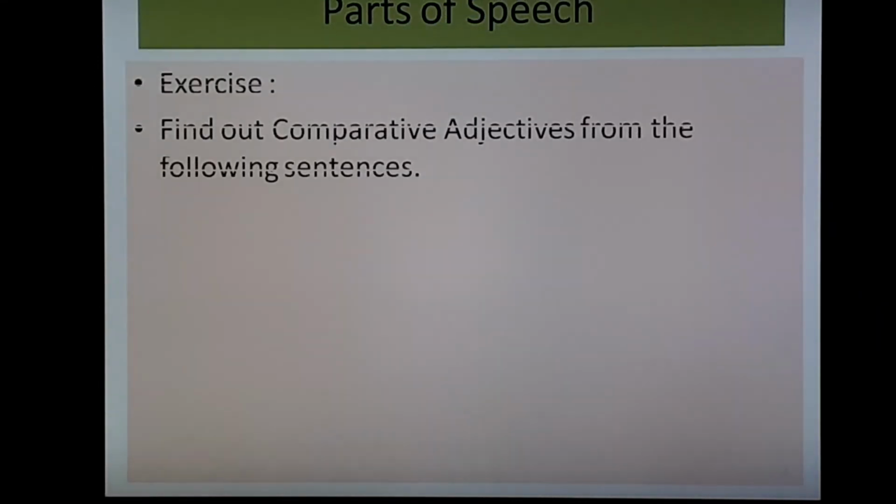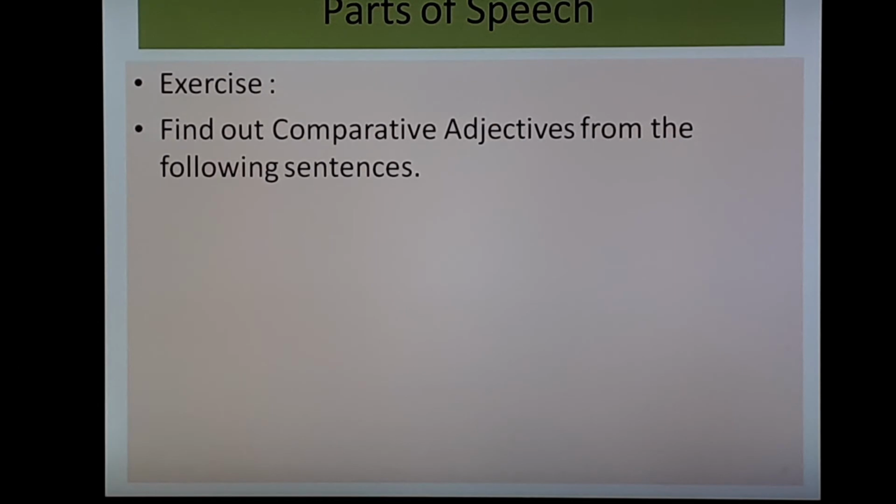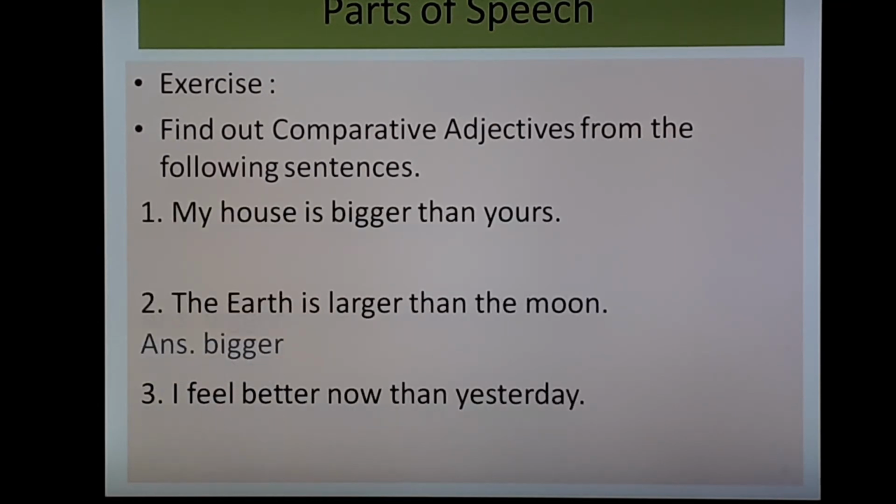Let's see exercise. Find out comparative adjectives from the following sentences. Three sentences are given and you have to find out comparative adjectives from all these three sentences.